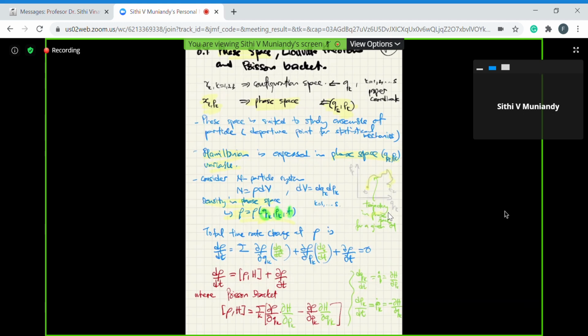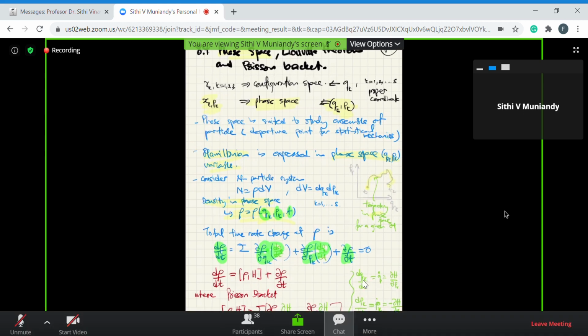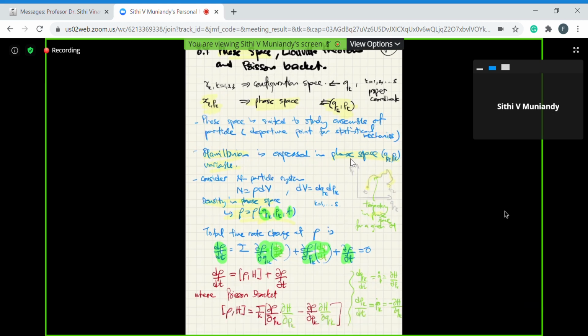So any small change in the rate of change of density of space comes from density change in Q, density change in P, and then density change in time. Okay. So we can now use this expression.